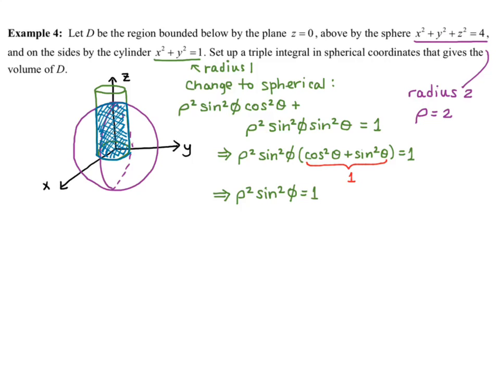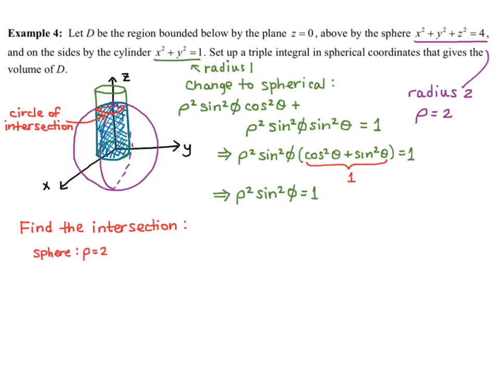The next thing I want to do is figure out where the cylinder and the sphere intersect. So find the intersection. That's going to be a circle, as you can see on the graph, and it will be capped on top by the sphere, but our actual intersection will be a circle.